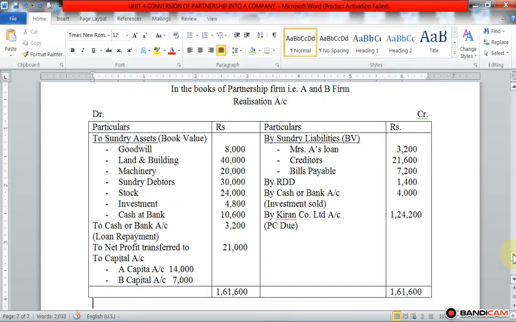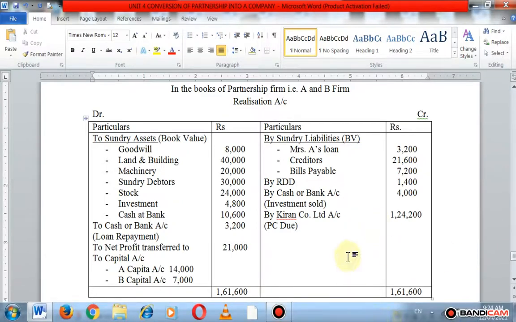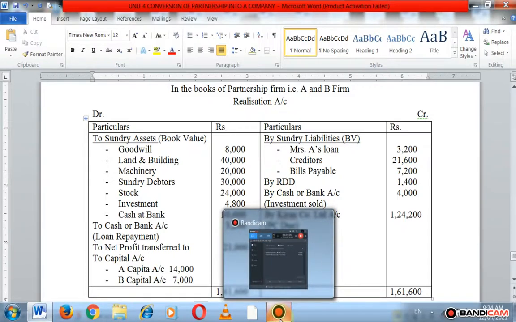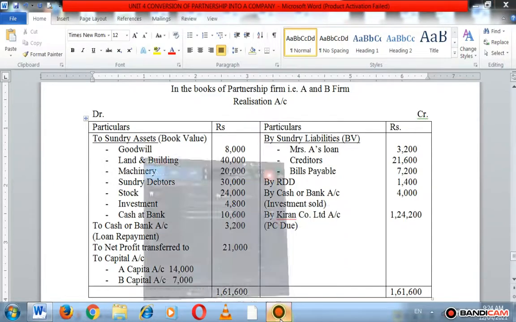We already discussed the accounting treatment, the model journal entries, and those journal entries are posted to the respective ledger accounts. In the next lecture we solve problem number two on conversion of partnership firm into limited company, and we prepare all the ledger accounts in the books of the partnership firm. Okay, thank you very much.